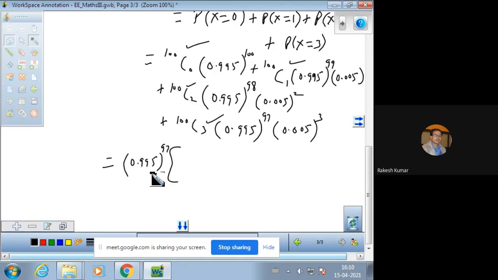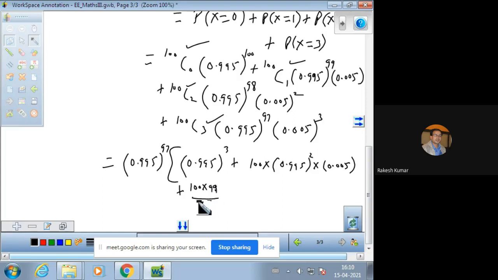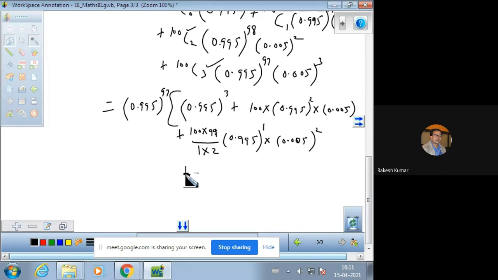Inside, 0.995 raised to power 3 is left, plus 100 C1, which is 100, times 0.995 raised to power 2 times 0.005, plus 100 C2, which is 100 into 99 divided by 1 into 2, times 0.995 into 0.005 raised to power 2, plus the last one, 100, 99 and 98 over 1, 2, 3, into 0.005 raised to power 3.